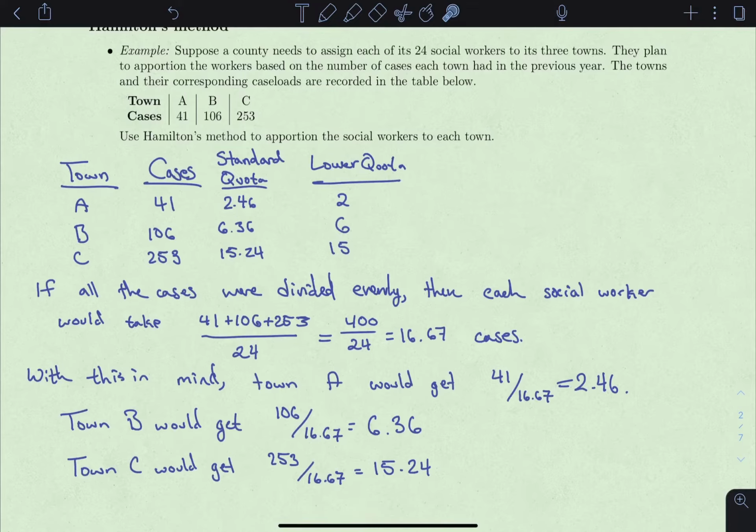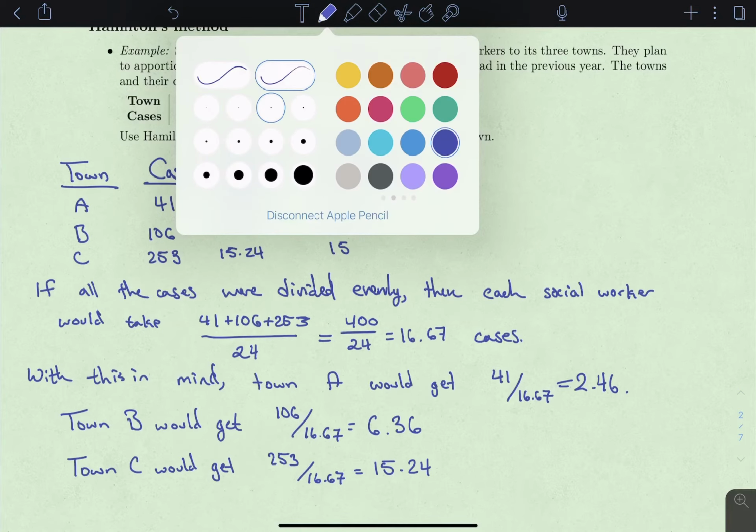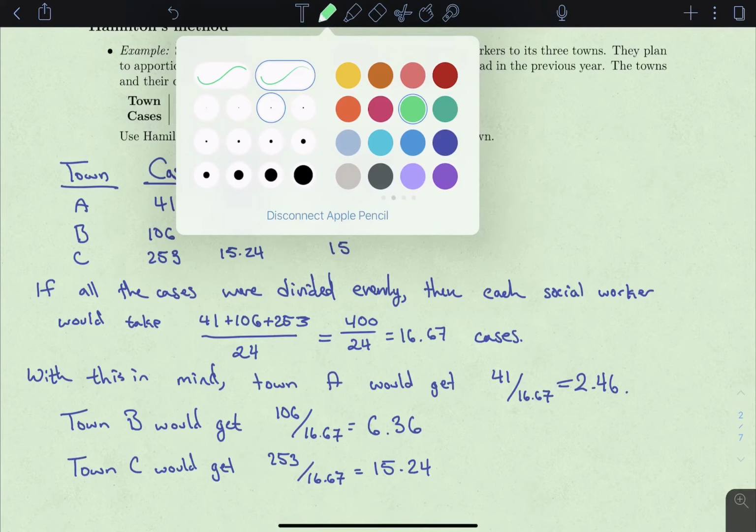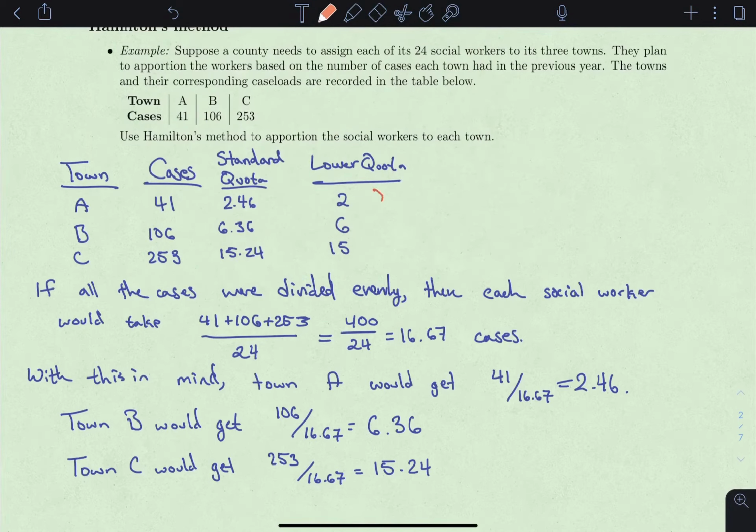And then we look at the lower quota and ask ourselves, how many total social workers have we distributed? We say 2 plus 6 is 8. 8 plus 15 is 23. 23 social workers have been assigned. So we have one more social worker to assign.